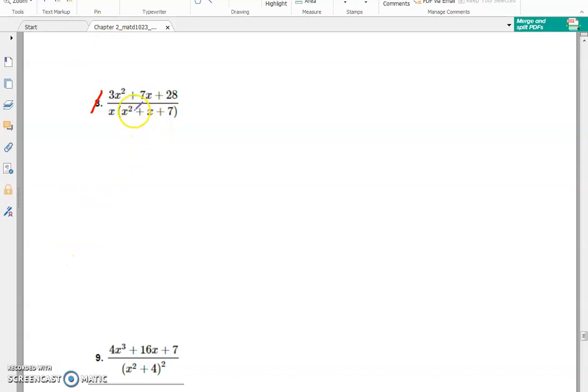So let us try to see whether we can factorize x squared plus x plus 7. Let us check whether we are going to have a real factor or not for x squared plus x plus 7 equals 0. By using the formula b squared minus 4ac, let us see whether we are going to have a value that is more than or equal to 0 or less than 0.